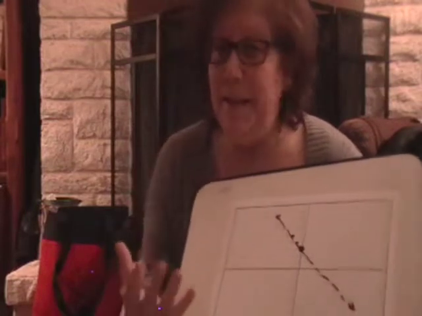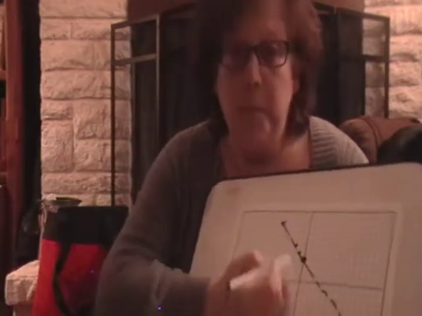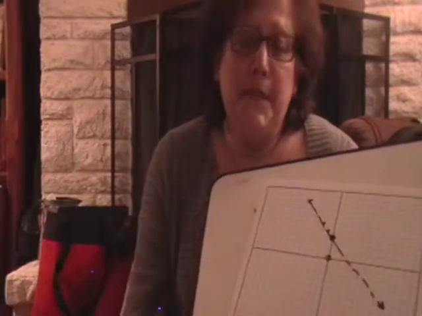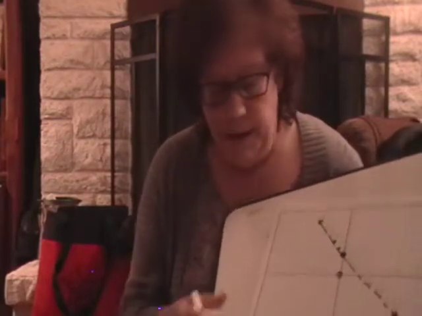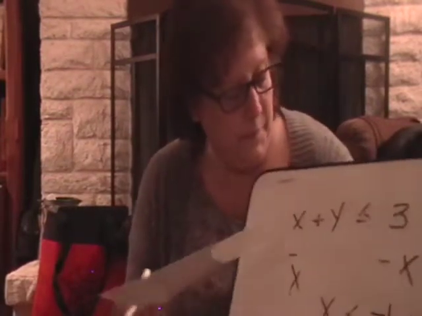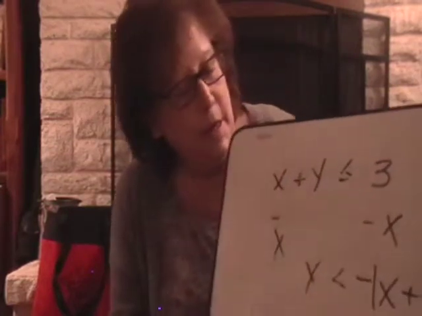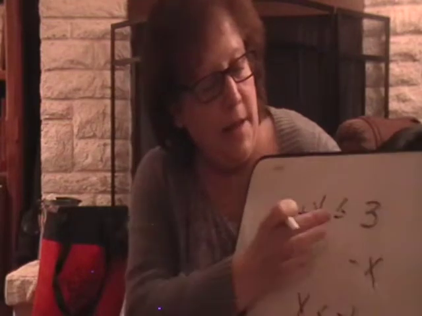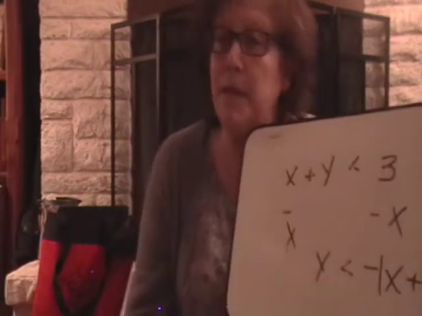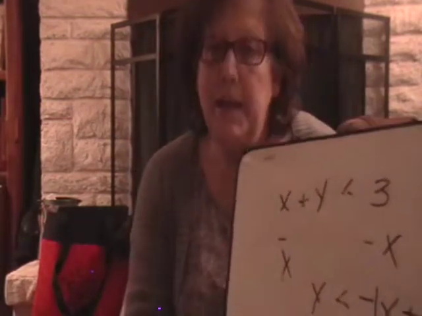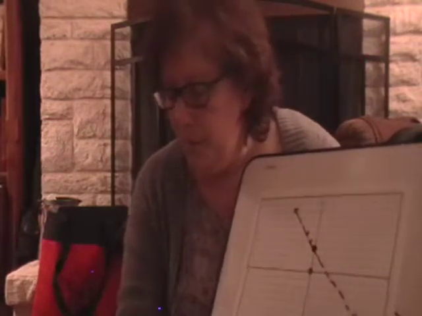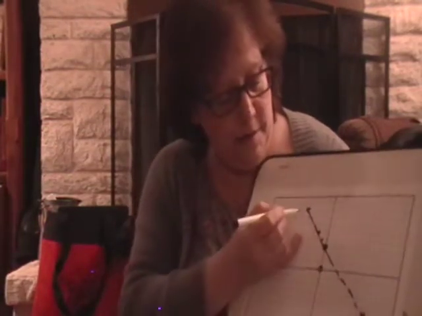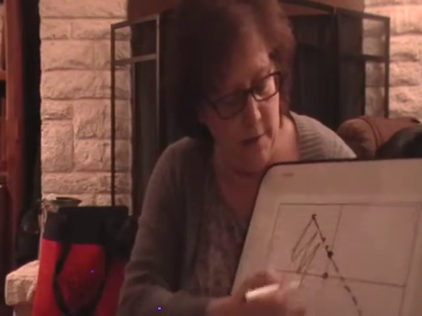I always pick 0, 0, and see if it works in the original equation. 0 plus 0 is less than 3. Indeed it is, so you will see that they shaded below that line.